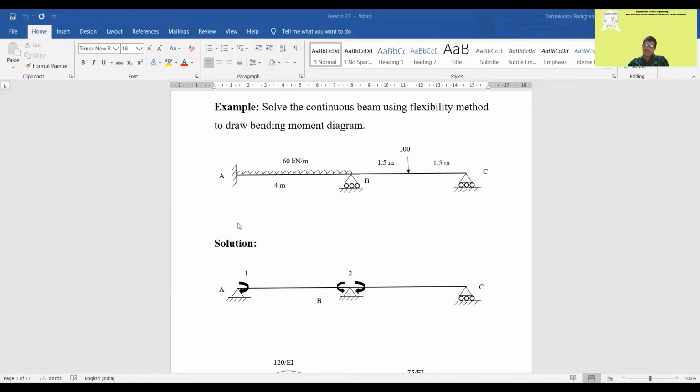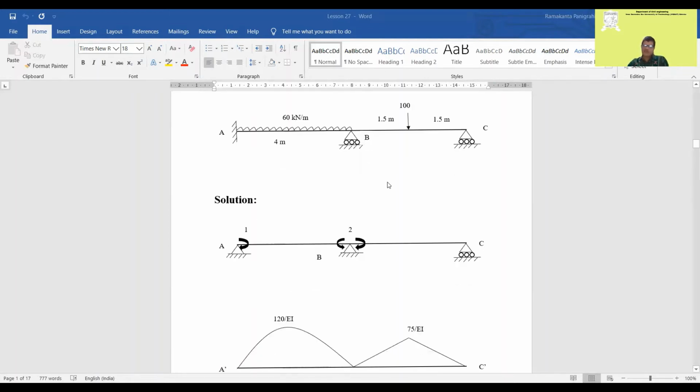Now, what is the degree of static indeterminacy? Here you have 3 reactions at the fixed end, 1 here, 1 here, so 5. Three can be found by equations of statics. Two are the basic unknowns or redundant forces. What we make redundant depends on you. Here the moment at A and the joint moment at B have been taken as the redundant forces.